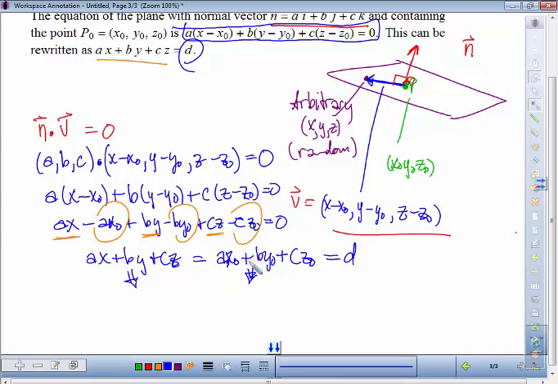Wait, A, B, C is N, right? So is this something that maybe I can somehow rewrite that would have an N in it instead of an A, B, C? That's a better question. Now you can answer it, right? What do you guys think?